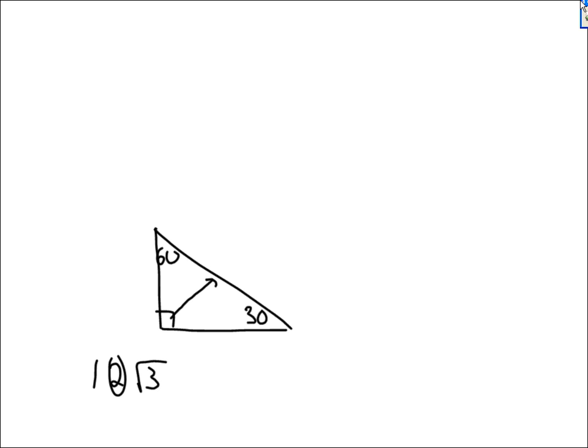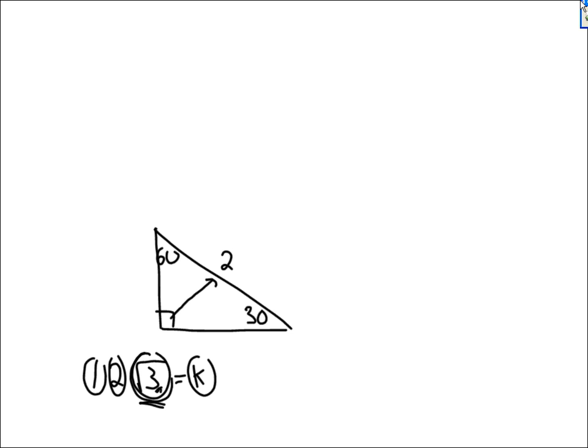Opposite the largest angle goes the largest side. Okay? And this is more than 1. If this equals k, well then k times itself should give you 3. You can't take numbers less than 1, multiply it by itself, and get more than 1. So we know this is more than 1, and that is 1.